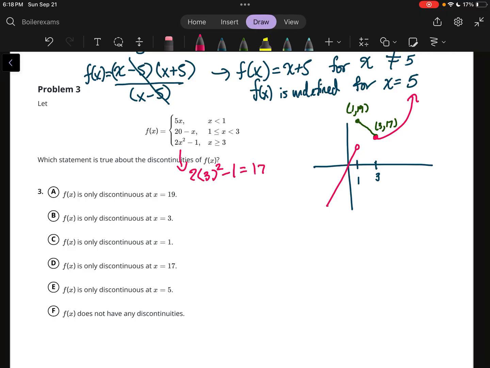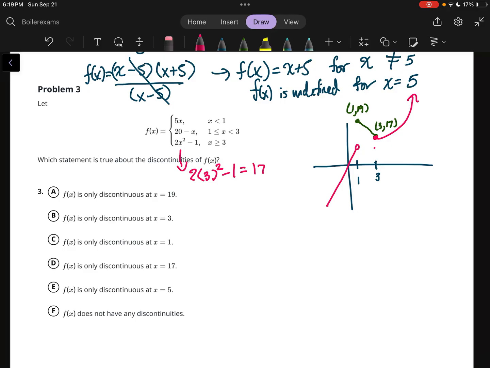Like 5x is continuous for all values of x. Same with 20 minus x since it's linear, and same with the quadratic 2x squared minus 1. So we don't have to worry about any discontinuities within the parts. We just have to worry about what happens at the edge when we change from one function to the next. So let's consider the change between 20 minus x and 2x squared minus 1.